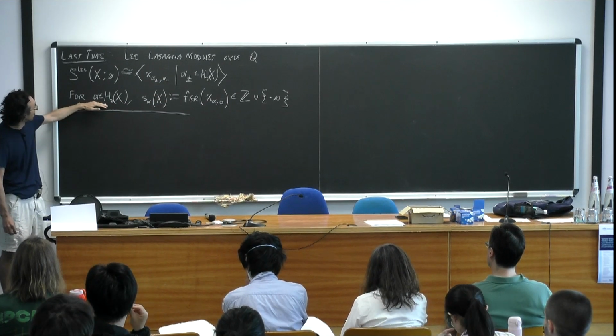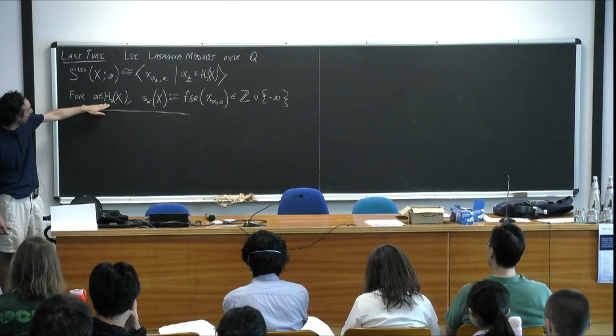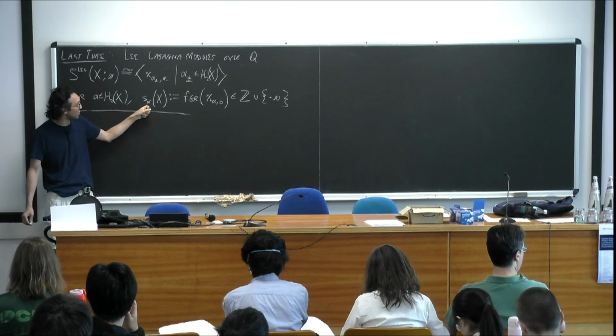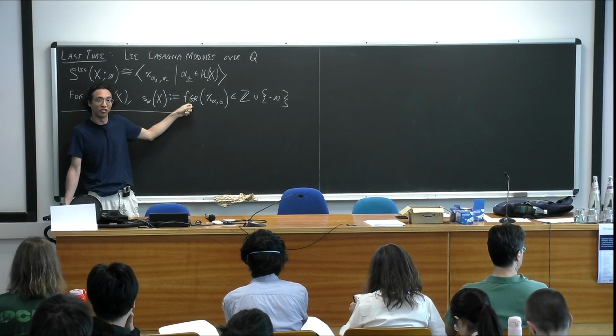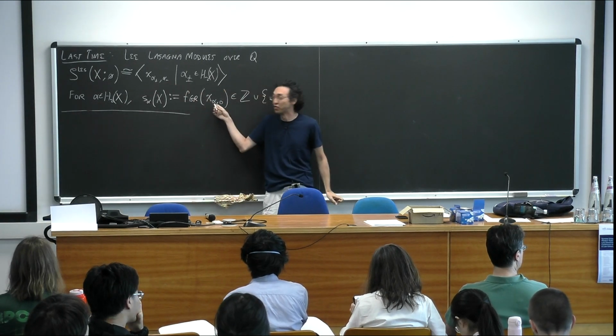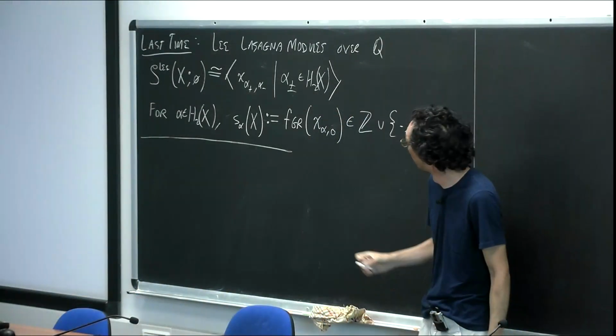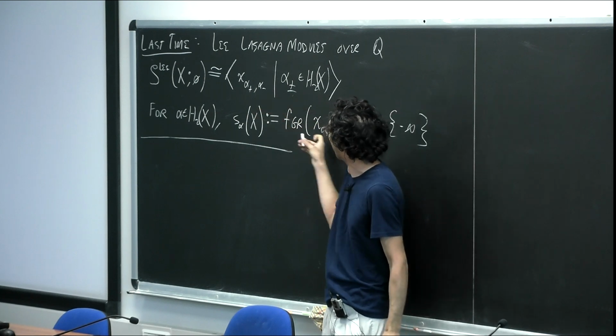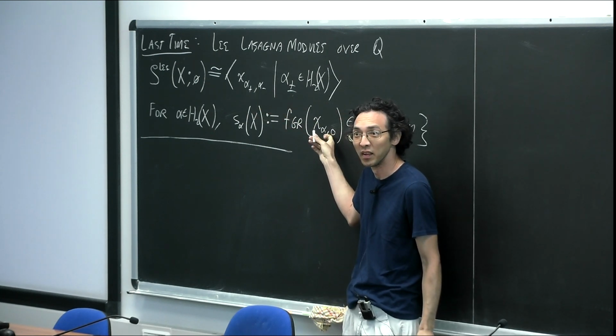And so for any single second homology class, we can define an S invariant to be the filtration level of one of these Lie generators, in particular the one where we take the second guy in the pair to be 0.